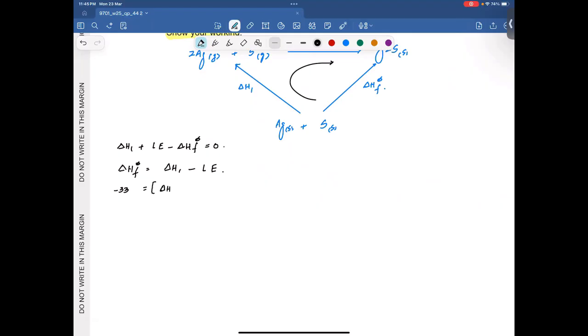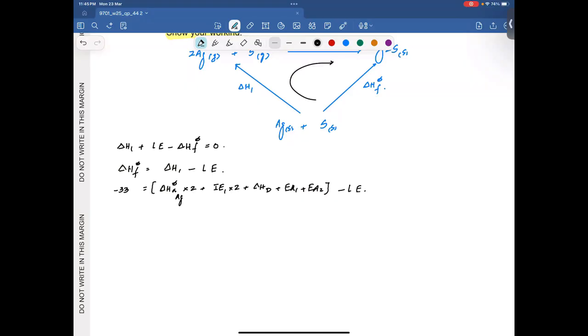Atomization of silver is given and this value needs to be multiplied by 2, plus first ionization energy of silver multiplied by 2, plus atomization of sulfur, plus first electron affinity of sulfur, plus second electron affinity of sulfur. That's your delta H1 data, minus lattice energy.